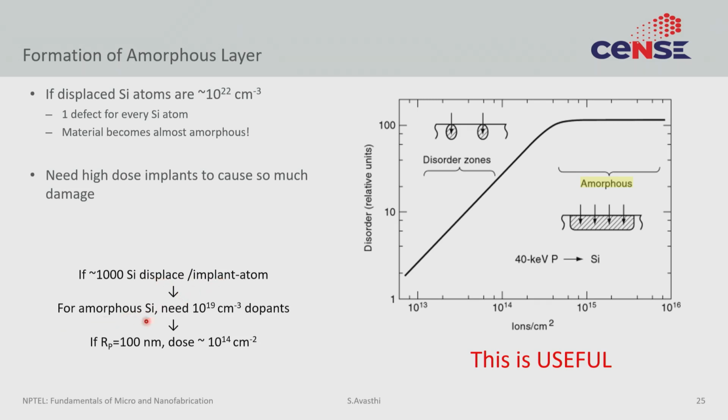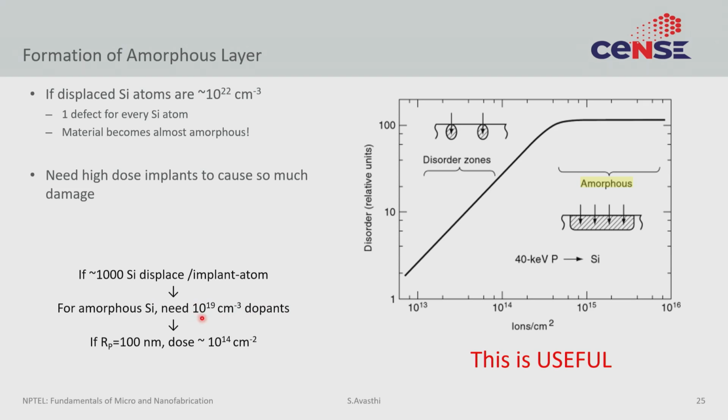In order to have amorphous silicon, you need around 10 to the power 19 dopants. Why? Because there are 10 to the power 22 silicon atoms per centimeter cube, and if it takes 1,000 of them to be displaced by one atom, then just having 10 to the power 19 dopants per centimeter cube is enough to displace all silicon atoms.